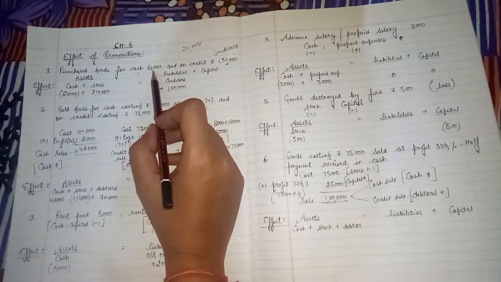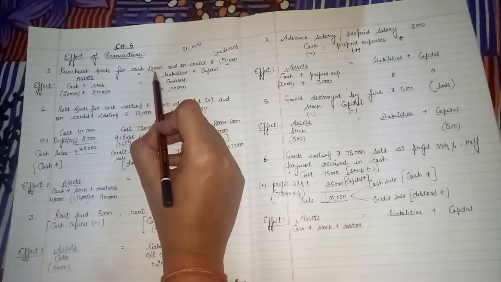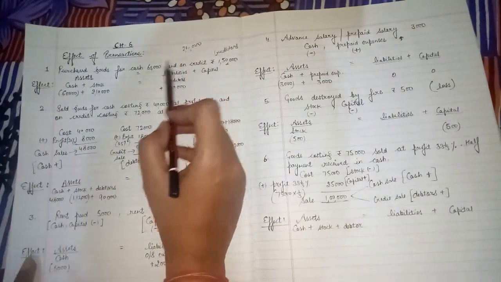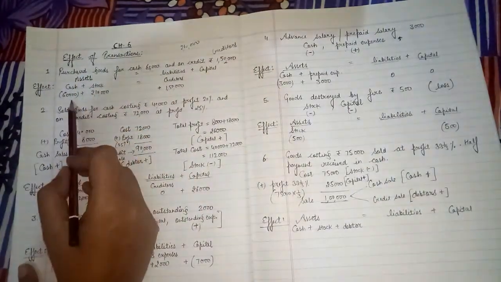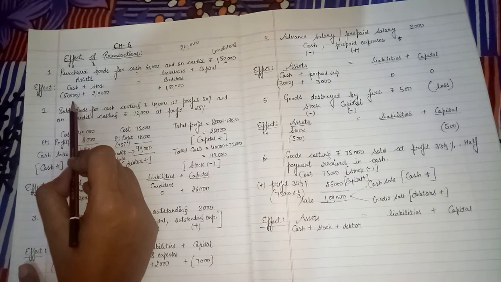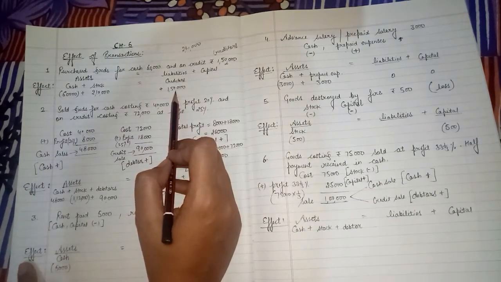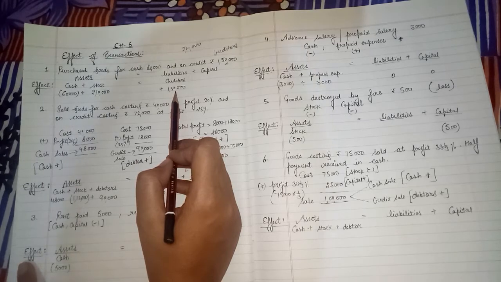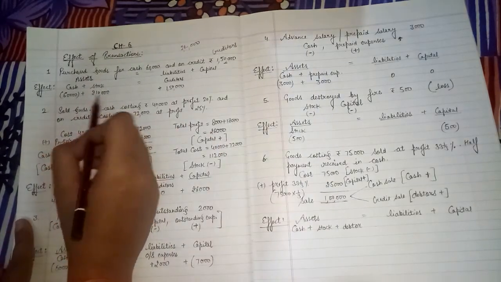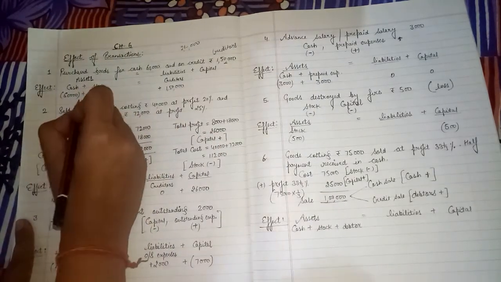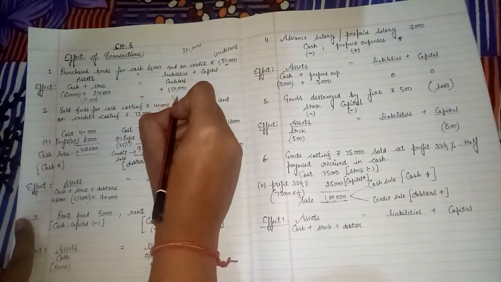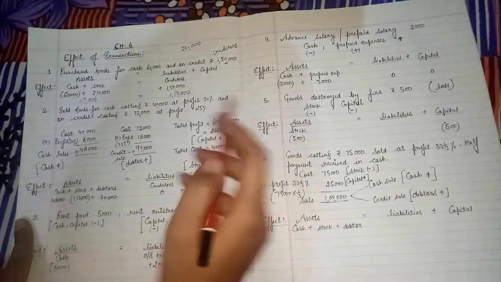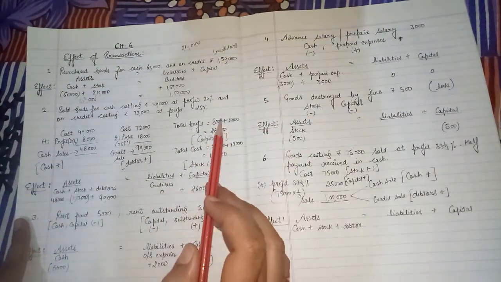Now total stock will be increased by 60,000 and 1,50,000, that is 2,10,000. We will add 2,10,000 in stock. Cash will be reduced by 60,000 and creditors will be increased by 1,50,000. See, effect 2,10,000 minus 60,000, that is 1,50,000. Here also 1,50,000. Both sides are equal.